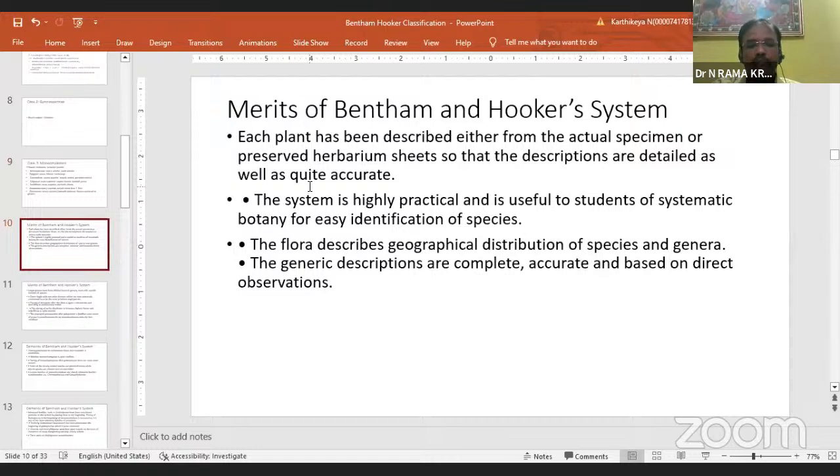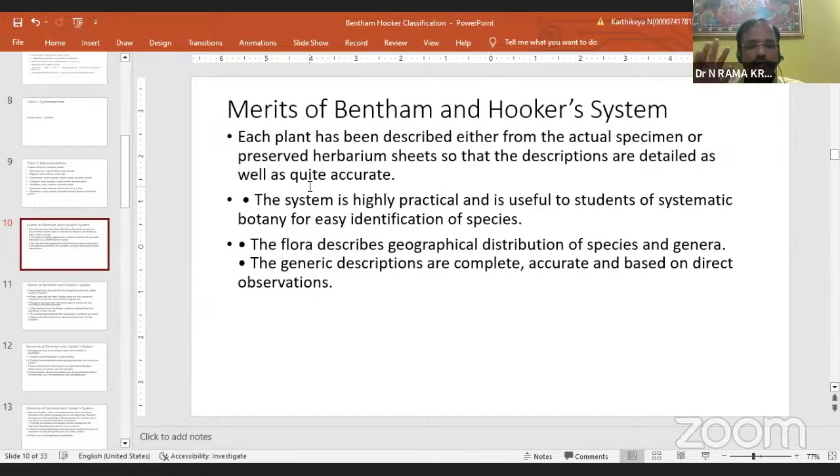the Bentham Hookers. They completed a good natural classification, but in spite of some merits, there are some demerits. So first we see what the merits are. The first one: Bentham Hooker's is the first great natural system of classification.